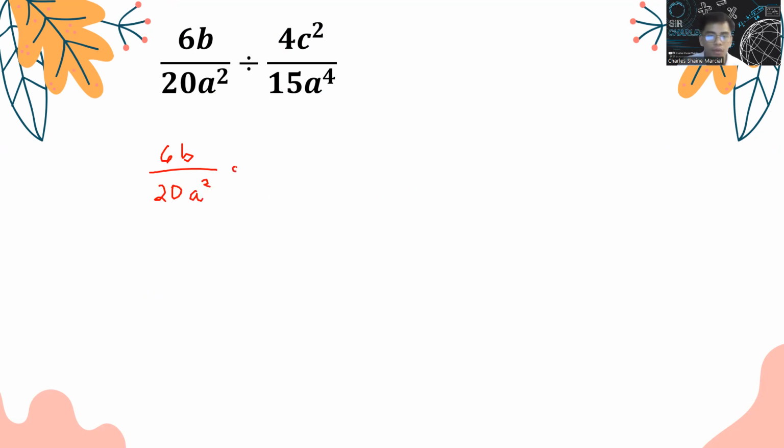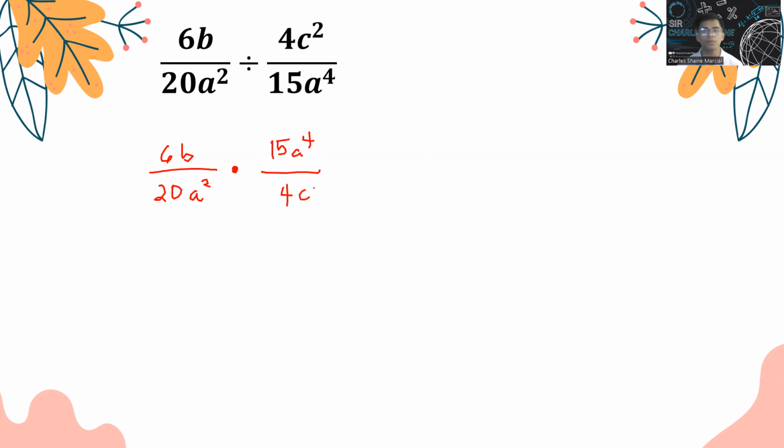Then, yung division sign, mapapalitan ng multiplication sign. And then, babalik na rin lang natin yung second expression or yung divisor. Okay? We have 15a raised to 4 na mapupunta na siya sa numerator and yung 4c sa denominator na po.